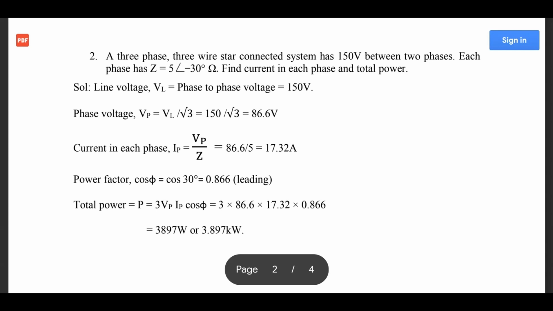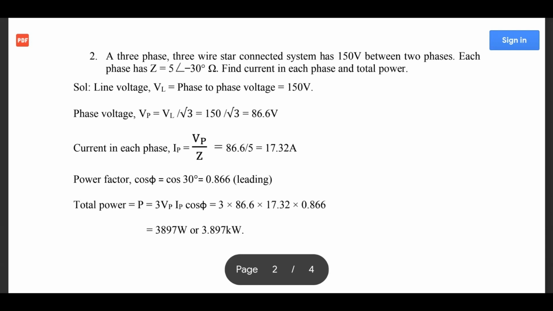Again, line voltage is given to us as 150 volts, and the phase voltage can be calculated using the formula Vp is equal to VL upon root 3, and the magnitude of the impedance is known to us, so it is substituted to get the value of current as 17.32 amperes.